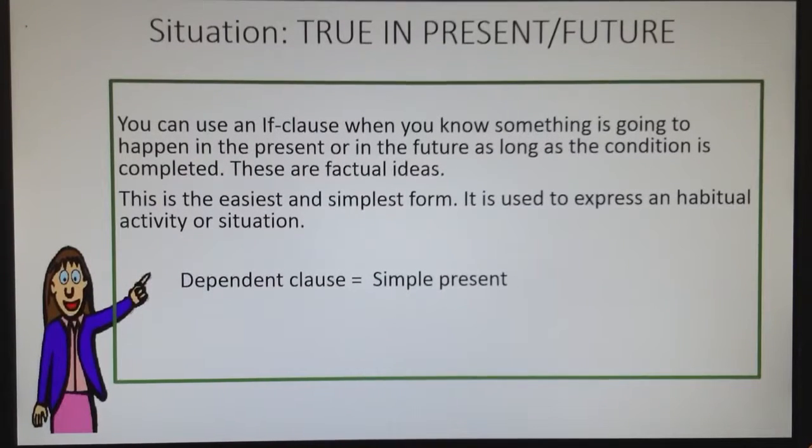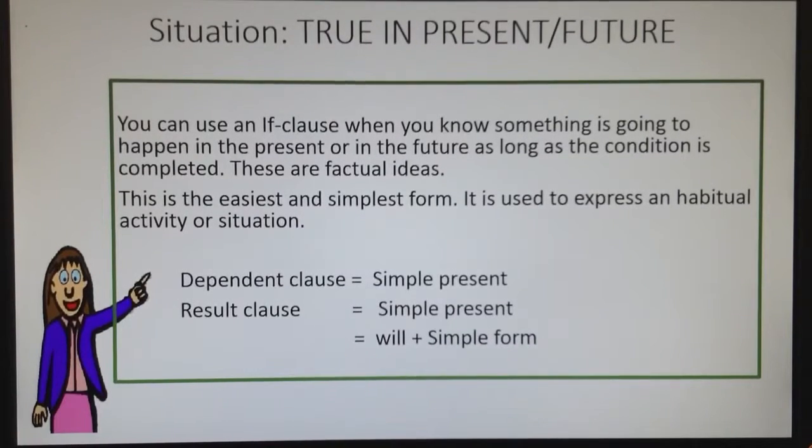The dependent clause is in simple present. The second is the result clause, and this is expressed always in simple present. Then you can also use will plus simple form for something in the future. Yes.